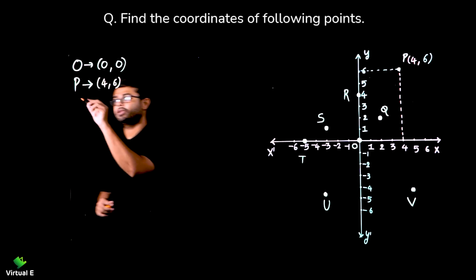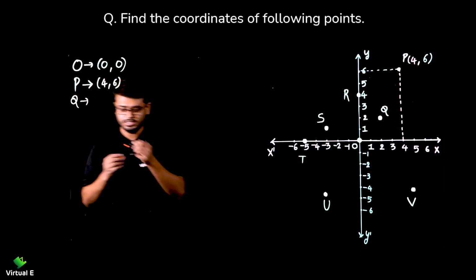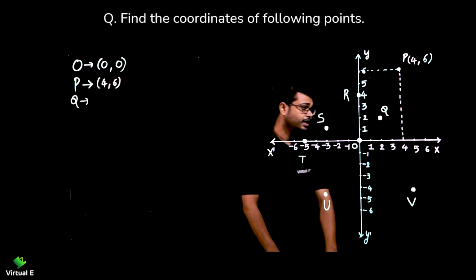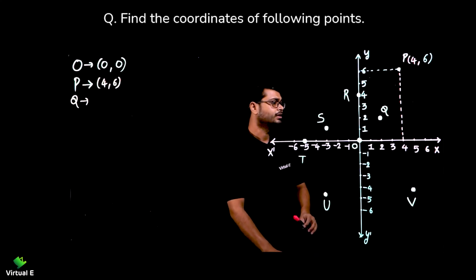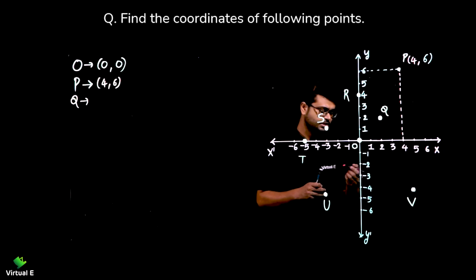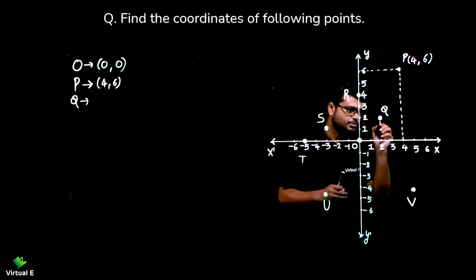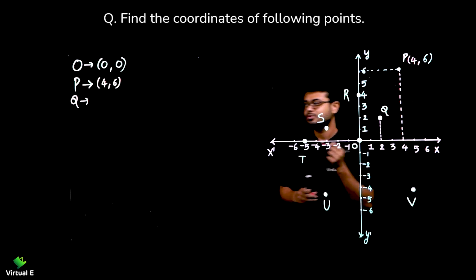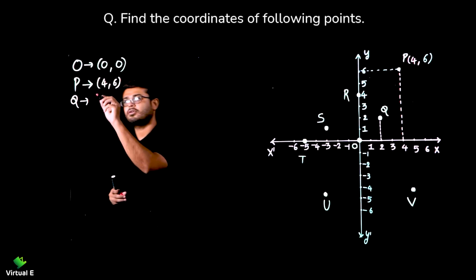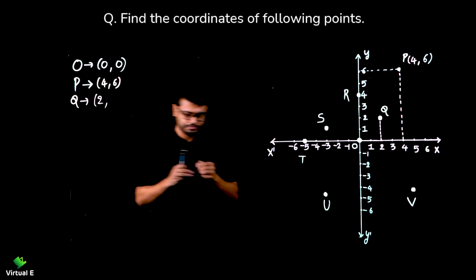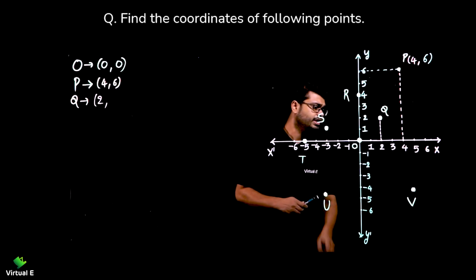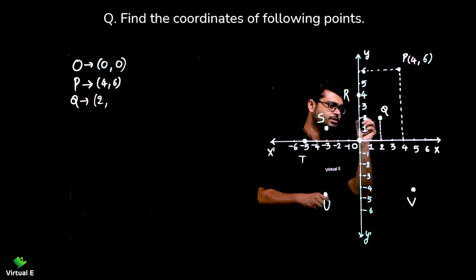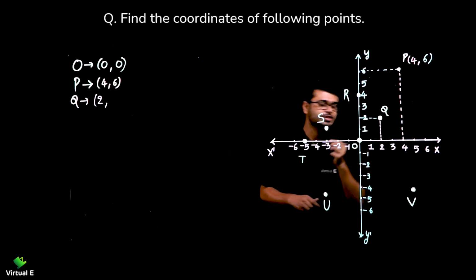Now the next point is Q. For the point Q, again you find the distance in the x direction, then in the y direction. So for the x direction, let's move down. That is 2. So let's write here for the x direction, it is 2. And same for the y direction, it is also 2.